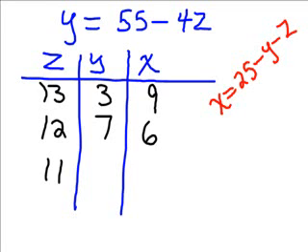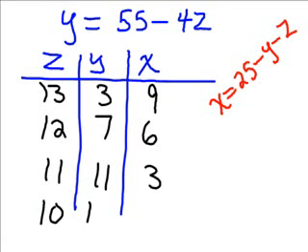Plugging in 11, I have 55 minus 4 times 11. That's also 11. And then 25 minus 11 minus 11, or 25 minus 22, is 3. So there's a third solution. Plugging in a 10, 55 minus 4 times 10 is 15.